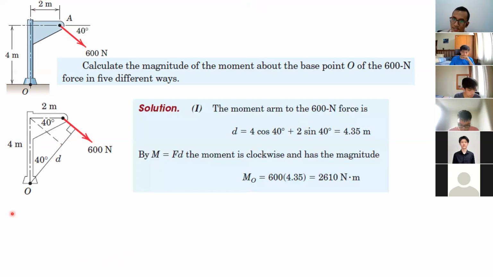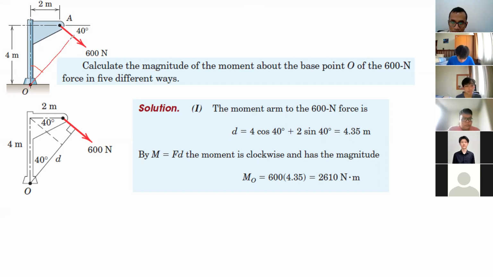Okay, so basically, if we have a 40 degrees here, we can try to find the perpendicular distance by creating another 40 degrees here.